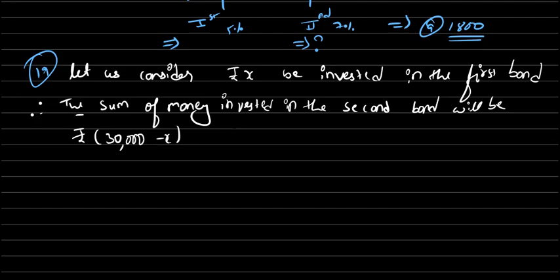If X is 2,000, the second bond is 30,000 minus 2,000, which is 28,000. If X is 5,000, then 30,000 minus 5,000 will be 25,000 invested in the second bond. As simple as that.